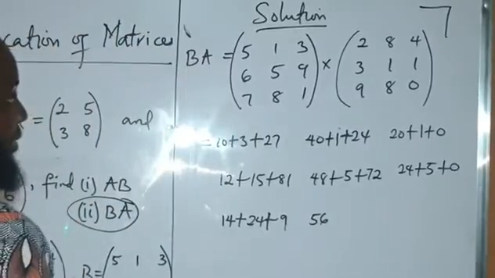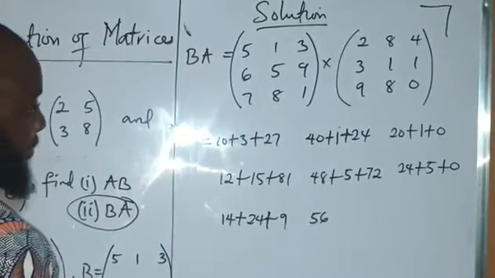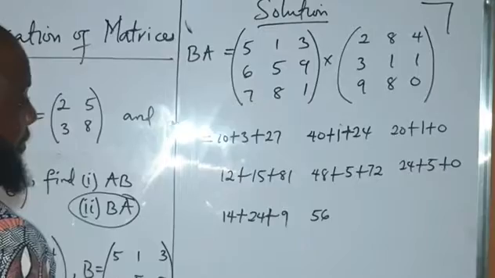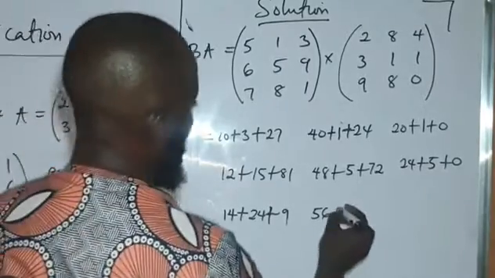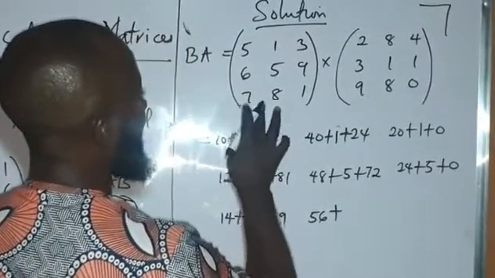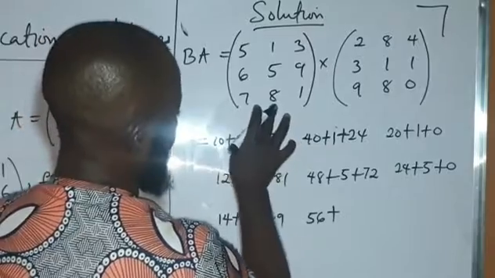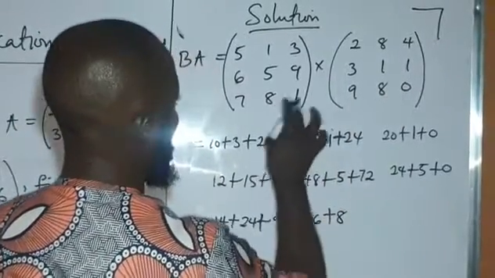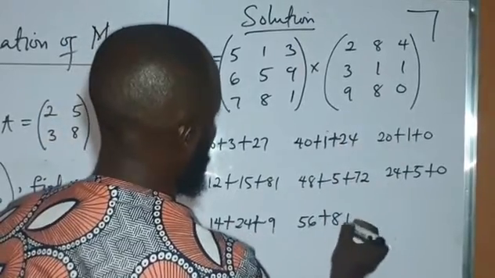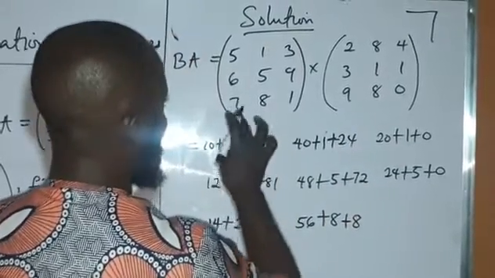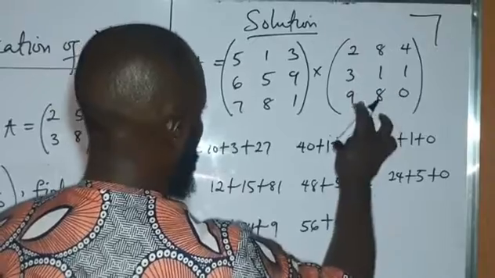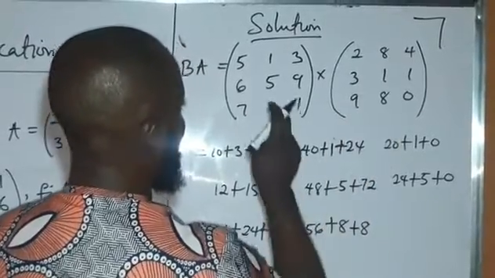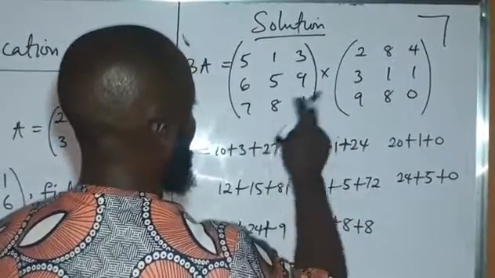Hope I'm making sense. Right? 56 plus 8 times 1, that is 8, plus 1 times 8, that is also 8. So this second one: 7 times 8, 56, 8 times 1, 8, 1 times 8, 8.